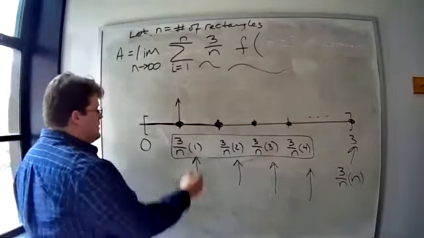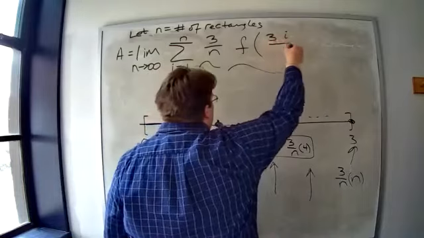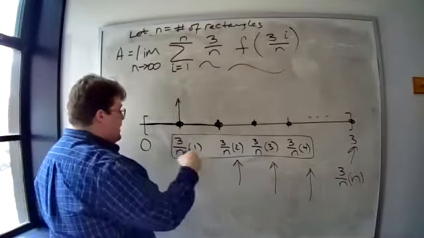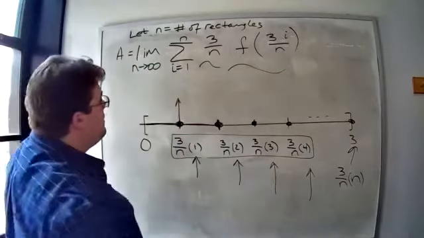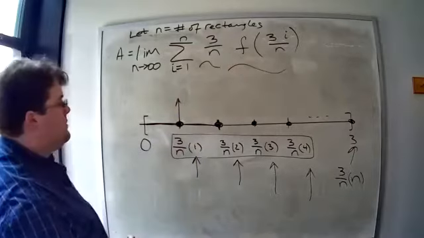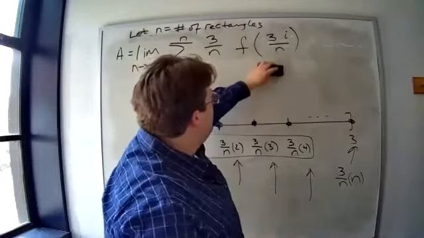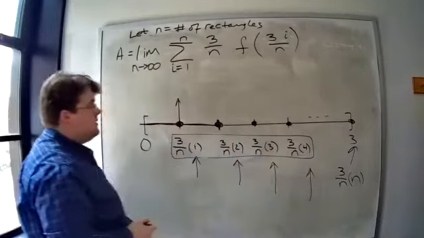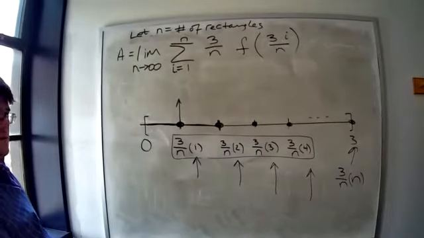The only thing that's changing is the count. So the 3 over n stays the same, and i gets multiplied by each one, and we're letting i go from 1 to n. So instead of writing 3 over n times i, I'm just going to write that as one fraction, 3i over n. So here we have one side times the other, and in the other side, we are counting through these endpoints. Any questions about that setup?